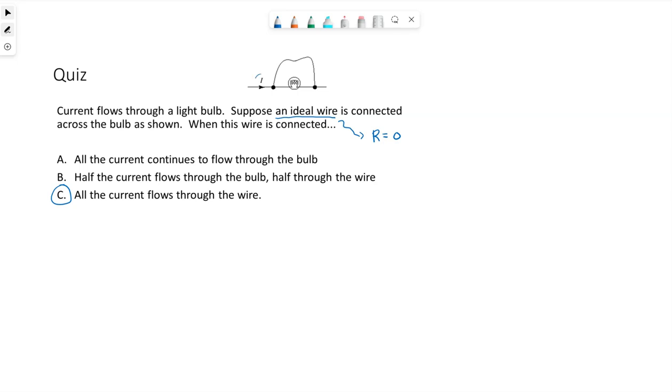As we think about this current that is flowing, we now have a junction right here, meaning current could go through the light bulb or through the wire, or both. There could be some of both. That makes this wire now in parallel with the light bulb.